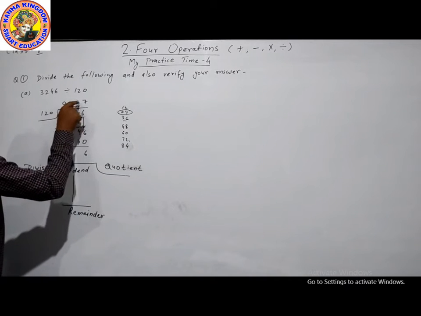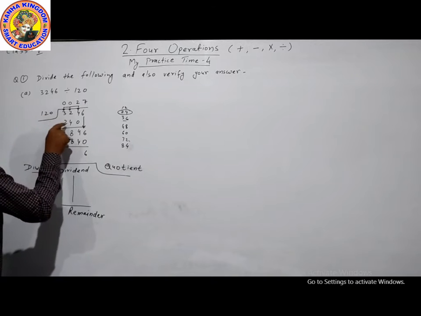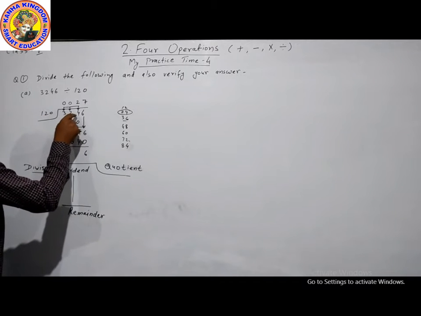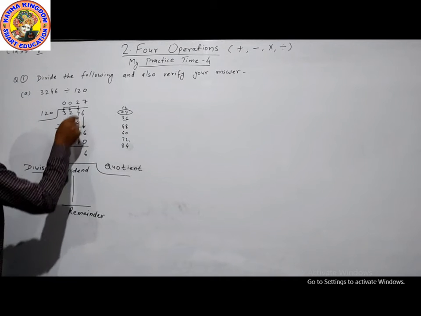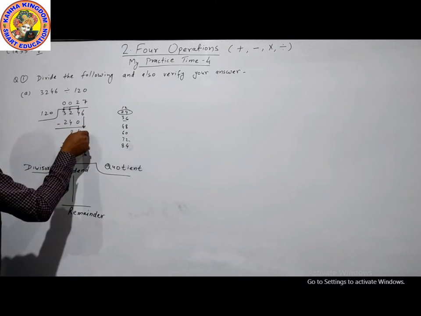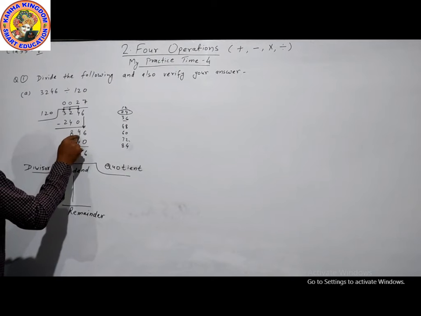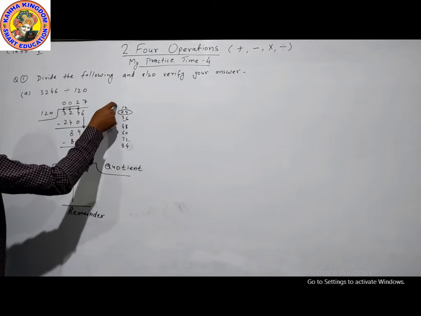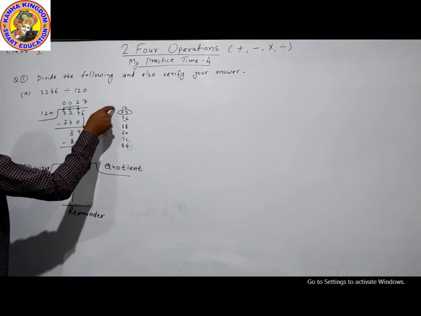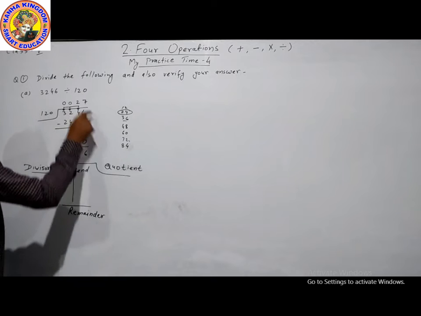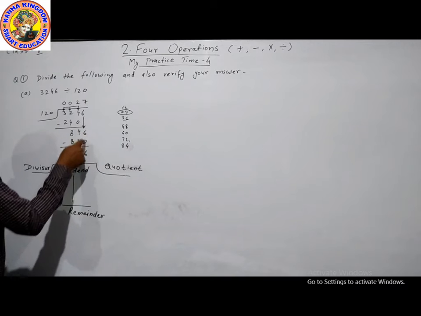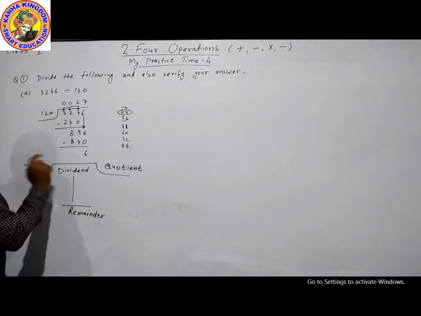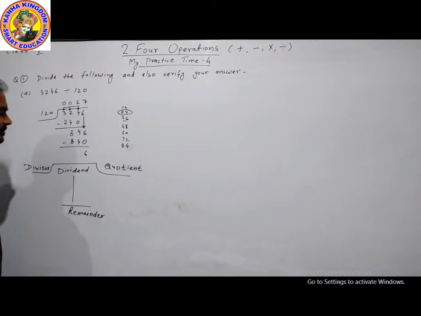We can divide 2 times, so here is 240. Now subtracting, 4, then 8, 84. Now the next digit will come here. This is 846 in 12. The table of 12: 84, 7 times. 84, then 0. Now subtract this, 600. So here is the 6.